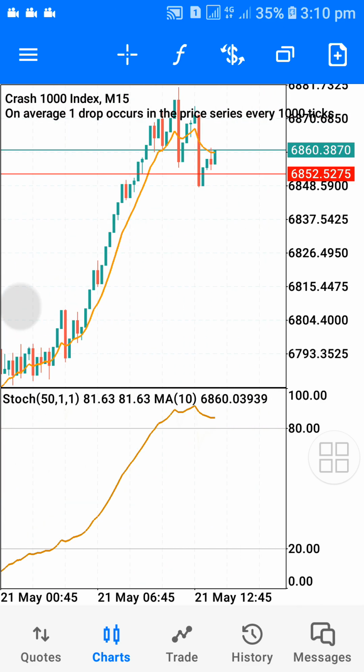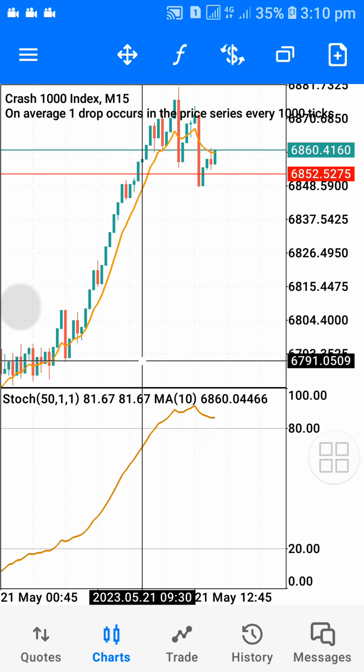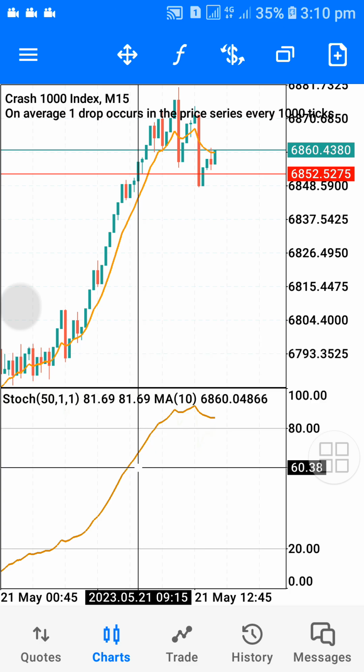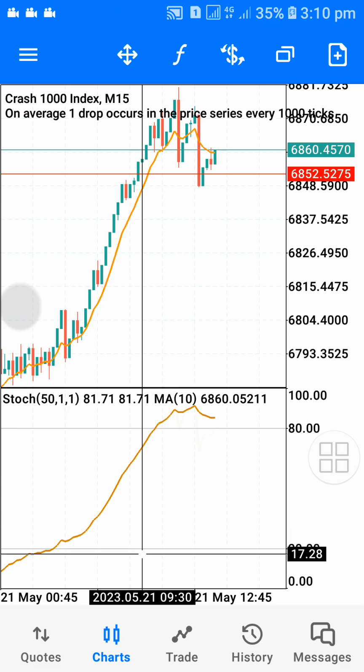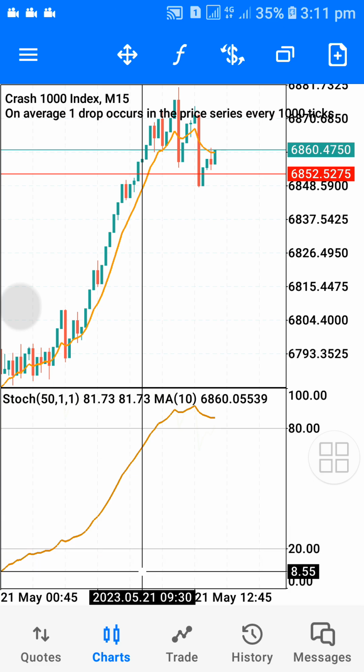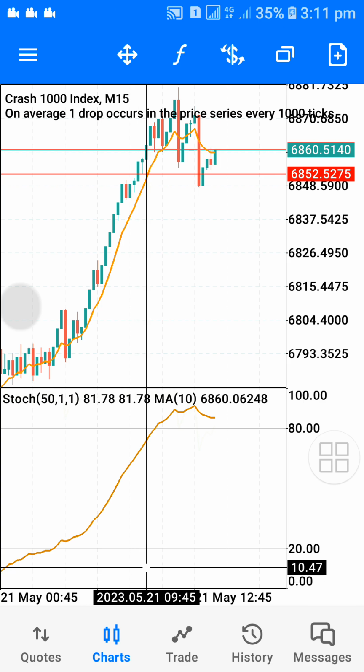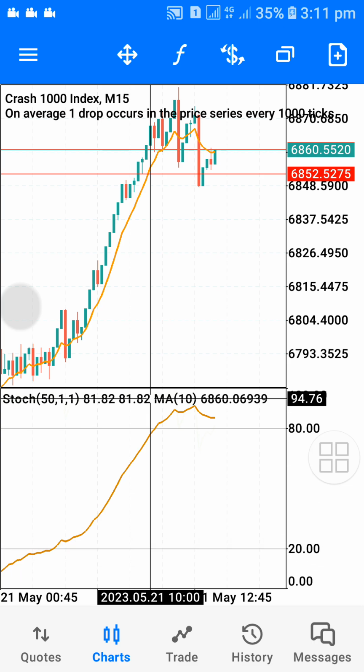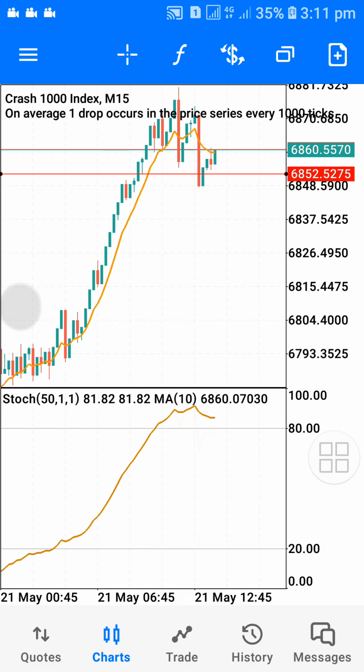So if anybody wants to scalp this market now, you want to wait for this moving average across the indicator to drop down to this level, below level 20, this overbought zone, so you can scalp comfortably because even when the spike comes, it will not cut off with you. I'm expecting this spike to spike up from this area.